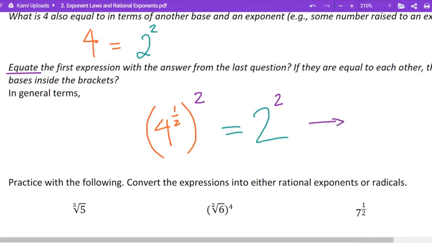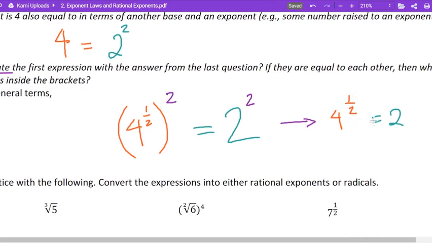So this implies that 4 to the power of 1/2 equals 2. And what this tells us is 4 to the power of 1/2 is actually 4 square rooted.